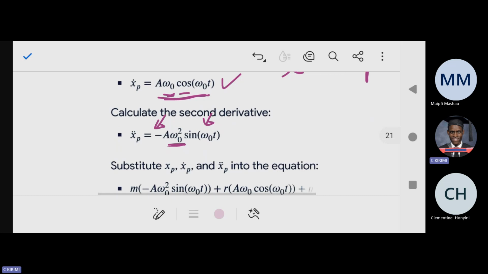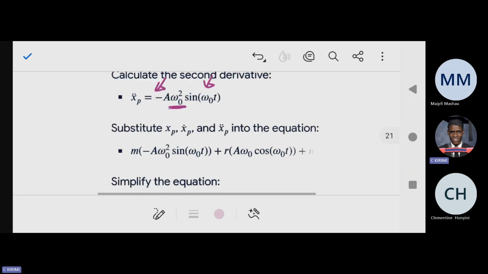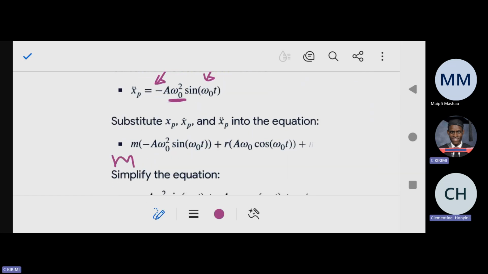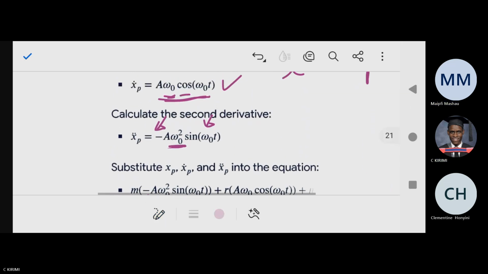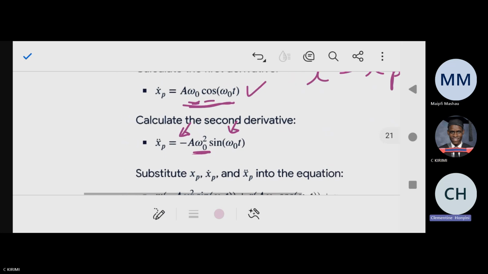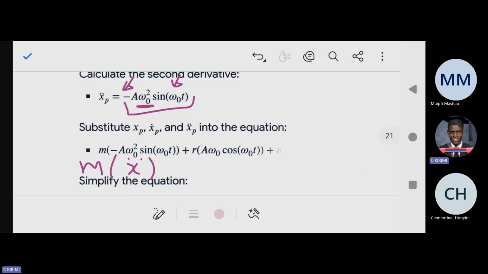So once you are done, everything is now sorted. You are just replacing. Where there is m, you put your m. Where there was x double dot, we are now putting the second derivative, which is negative a omega squared sine omega naught t, plus r x dot.